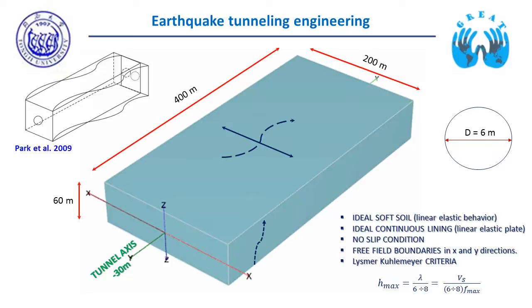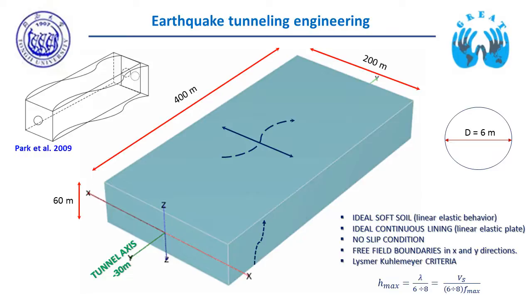The domain has a length of 400 meters, a width of 200 meters, and a depth of 60 meters, with the tunnel in the middle of the domain at 30 meters of depth, with a 6 meter diameter.